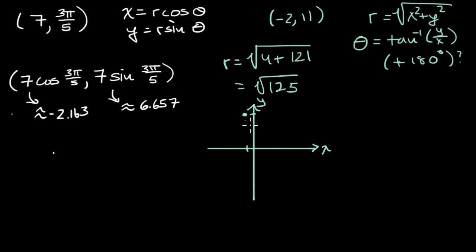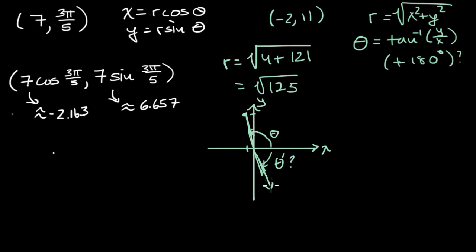So our r is going to look like this. And this is our angle, the theta we want to solve for. But if we take the inverse tangent of y over x, it's actually going to give us this theta, maybe I'll call that theta prime.